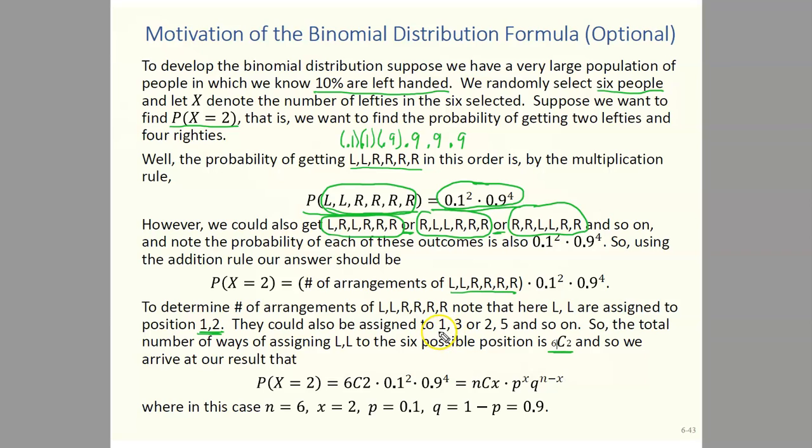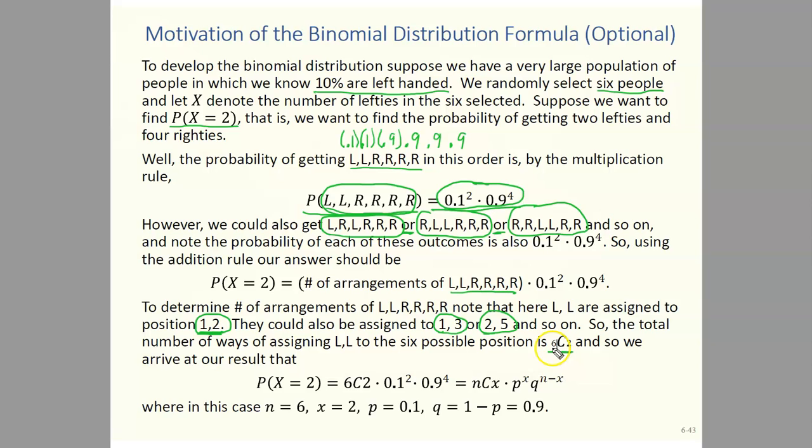We're selecting 2 numbers from the numbers 1 through 6, and ordering doesn't matter. If we select the numbers 1, 2 and assign the left-handed people to those positions, it doesn't matter if I assign them to 1, 2 or 2, 1 because they're both left-handed people after all. So the number of arrangements is 6C2.